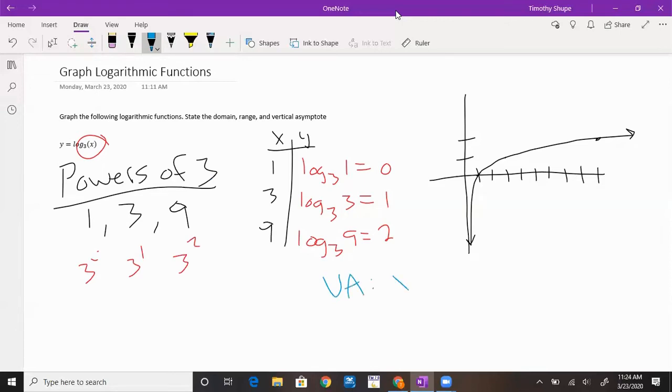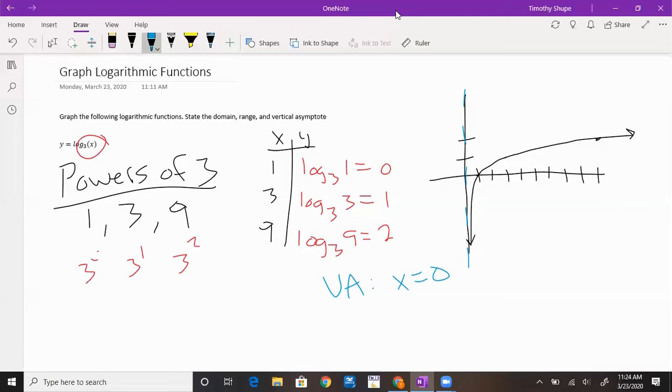So x equals 0. And since there's nothing to move off away from x, we know our vertical asymptote is equal to 0. So I can just draw that in as our vertical boundary here. And that would be a graph of the log base 3 of x.